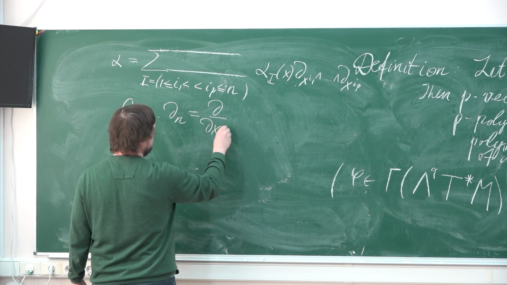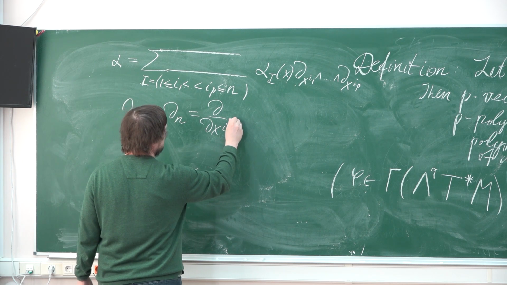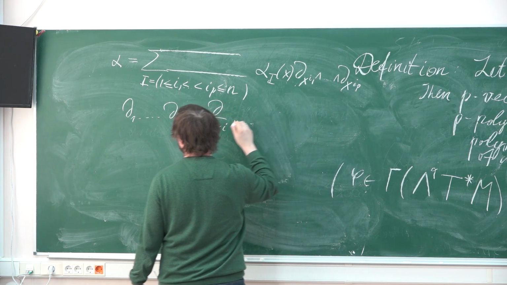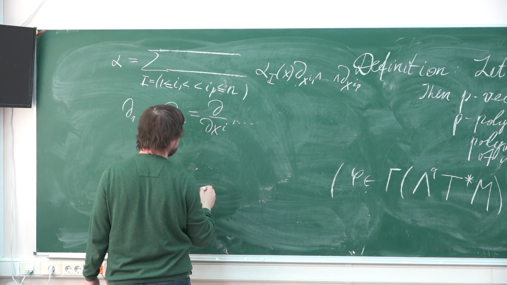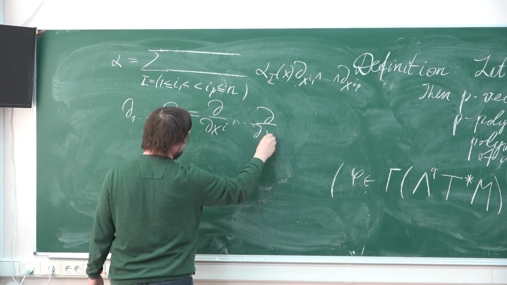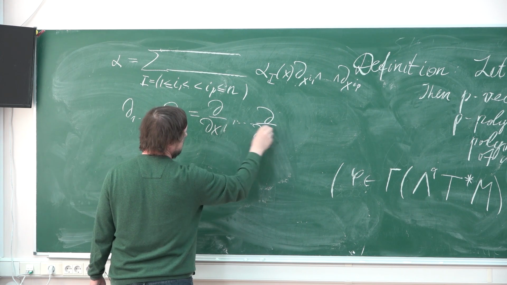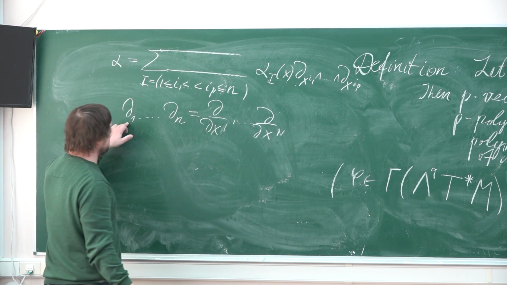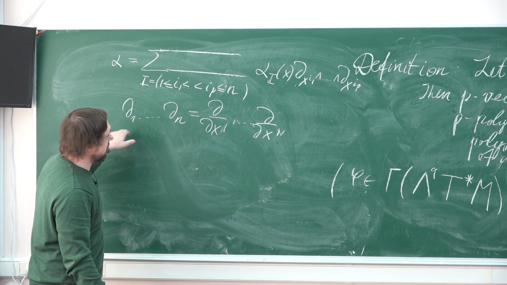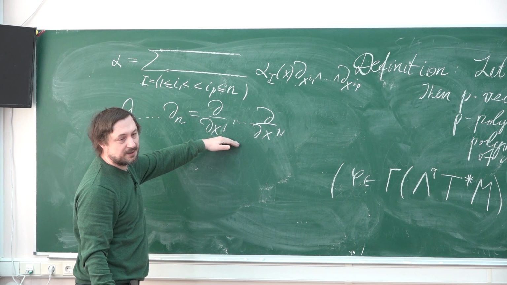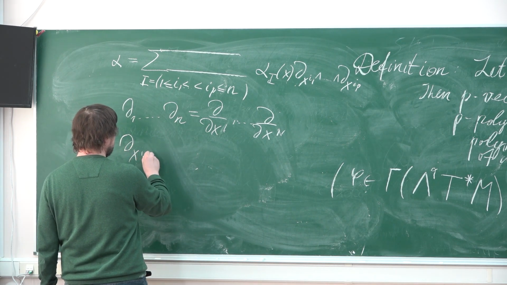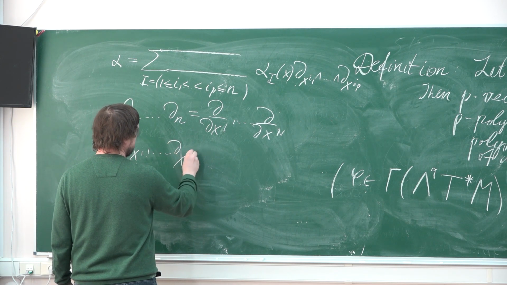denoted by like this. Sorry, I will use simultaneously a few different notations. For instance, you can use just partial derivatives with some indices in the bottom, or I can use partial derivatives in the usual way. I can also denote them by dx1, dxn.